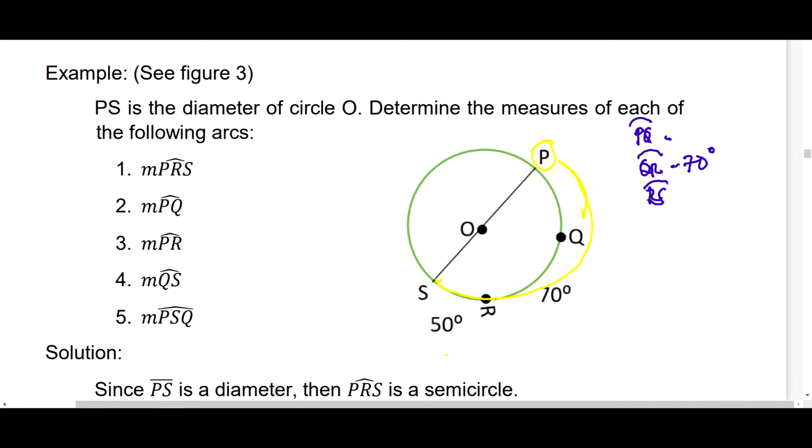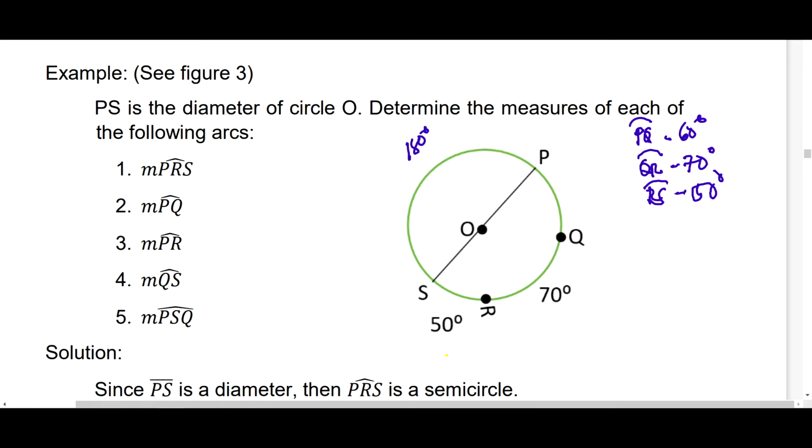CRS, that is 50. So if this is a semicircle, we all know that a semicircle is equal to 180 degrees. So 50, 70, 120 na yan. Ilan na lang para maging 180? 60 na lang. 50 plus 70 is 120 plus 60, that's 180. And this one is another 180 degrees because this is a semicircle.